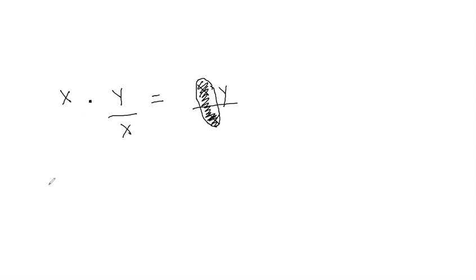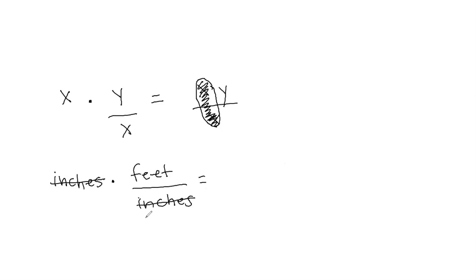So you can treat units like you treat algebraic variables. If you have inches on top and you multiply by feet divided by inches, you would basically end up with inches times feet divided by inches, but the inches divided by inches is like a fraction that's equal to 1.